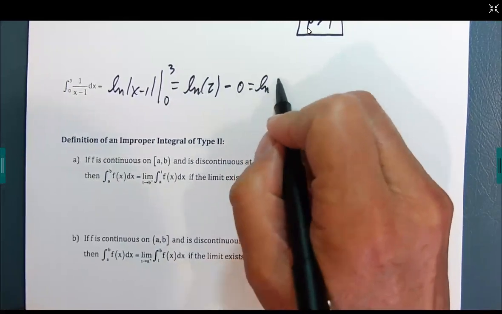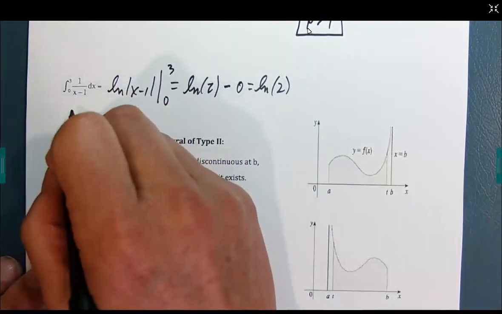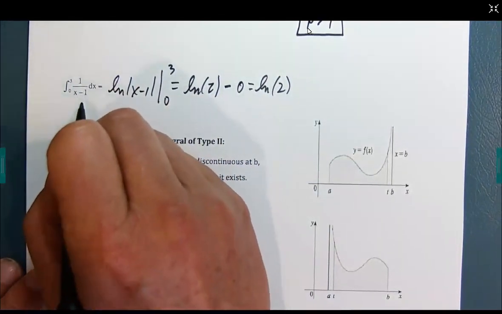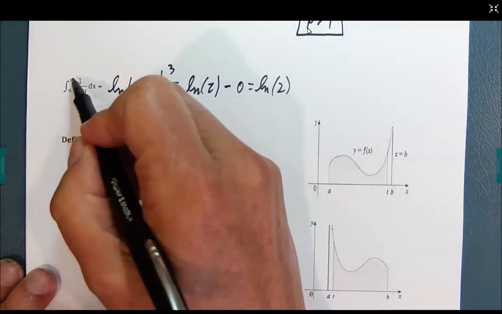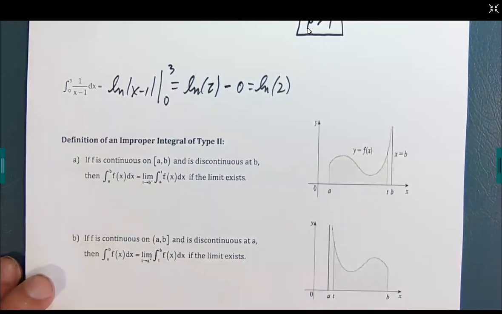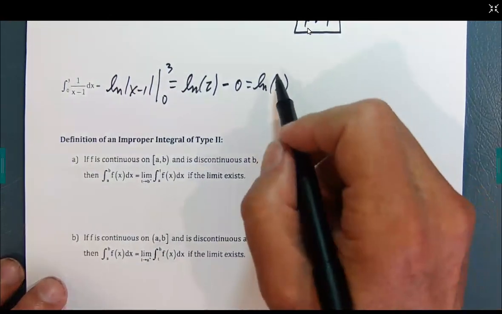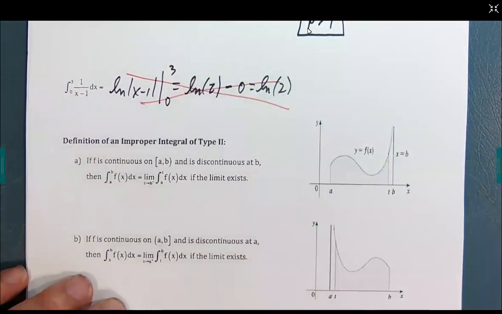So I get ln of 2. Now here's the problem. We just did another improper integral and bowled right through the fact that 1 makes this denominator undefined. And 1 is within the boundaries of this integral. That's the problem. We just skipped past that, and it looks like we ended up with an answer, when in reality, this is not the way to do this.